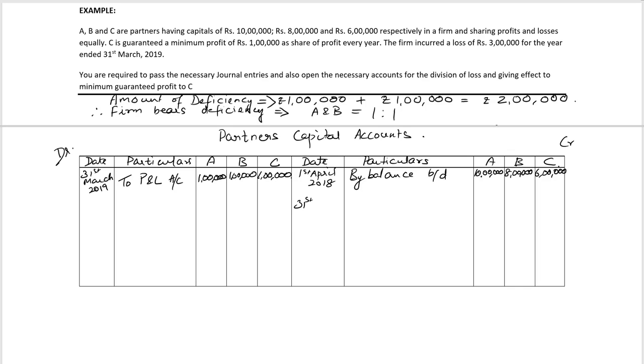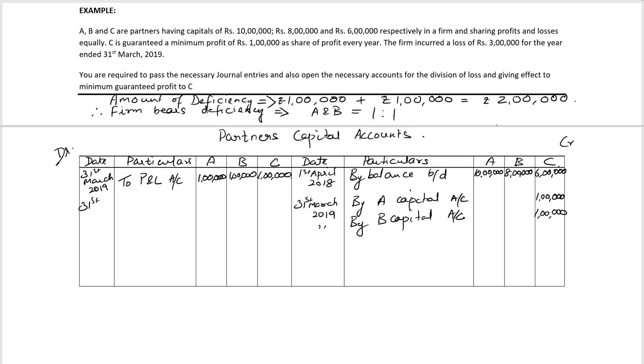So 31st March 2019 by A capital account under C rupees 1 lakh and on the same date by B capital account again on the same date rupees 1 lakh.